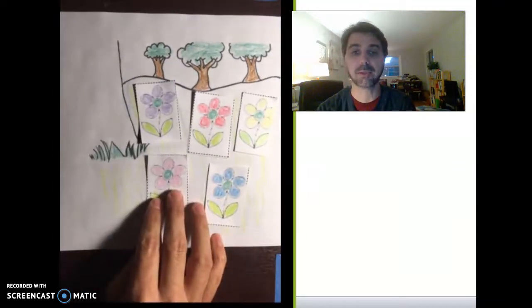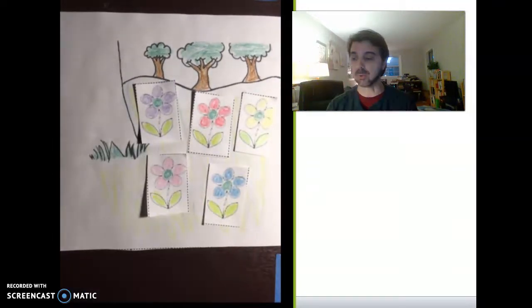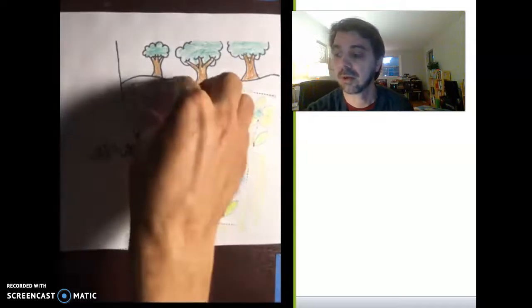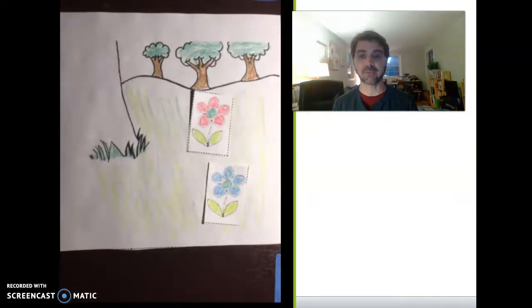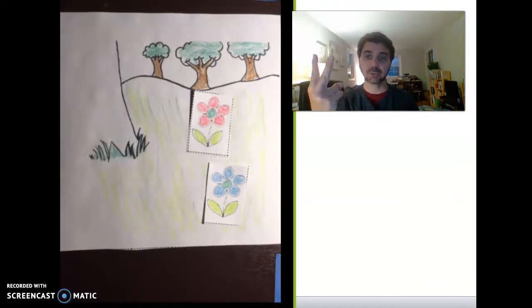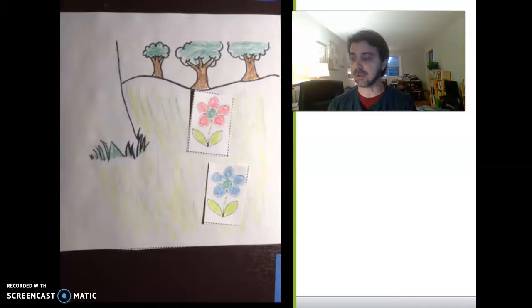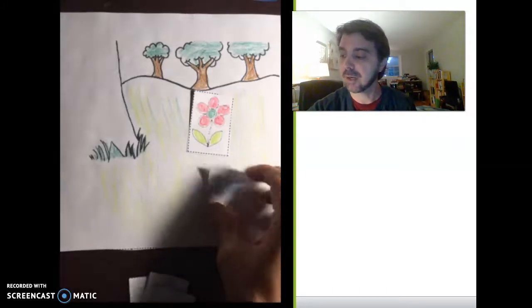We took away 3 flowers, and we were left with 1, 2. 5 take away 3 gives us 2. Or we could say 5 subtract 3 is the same as 2.